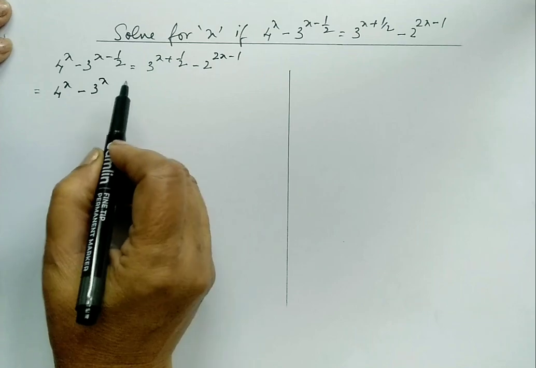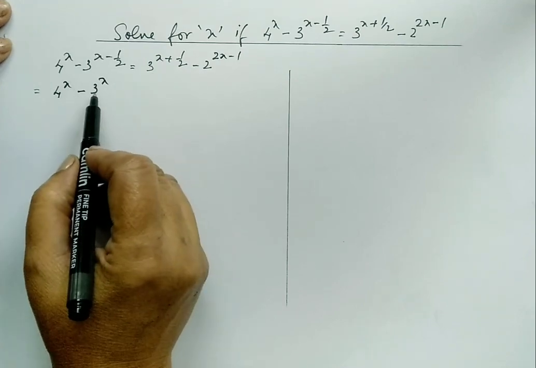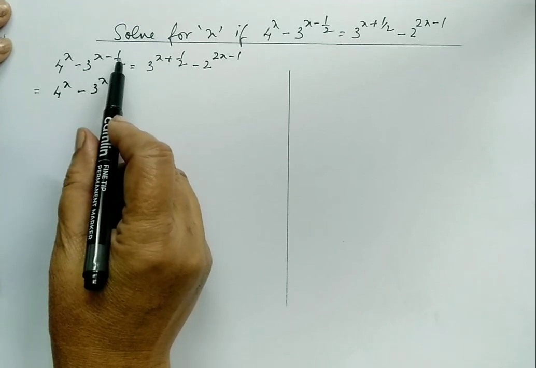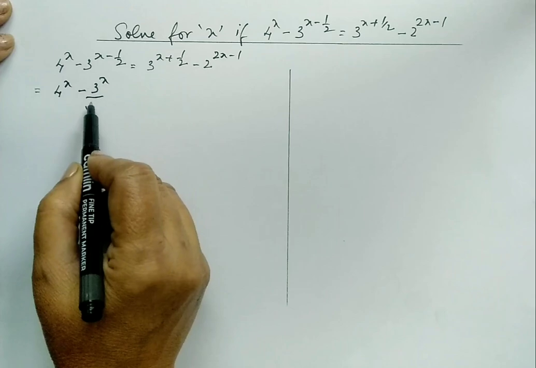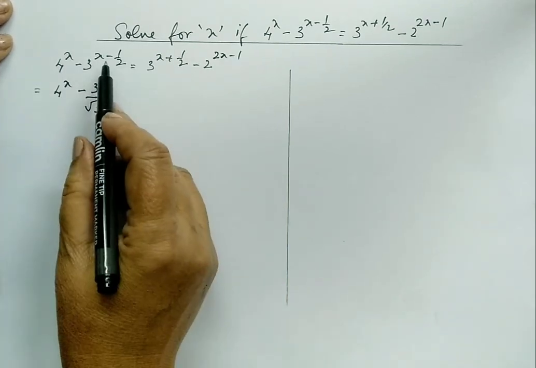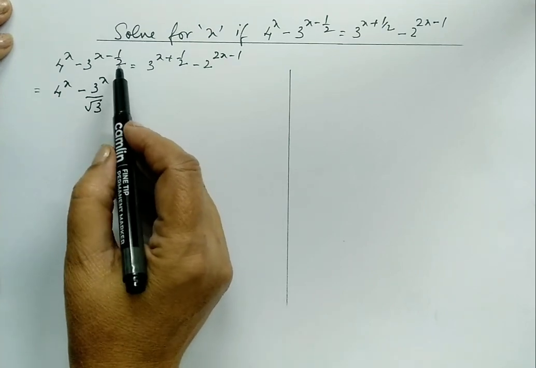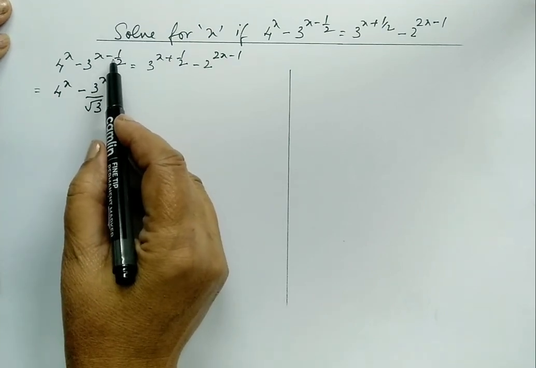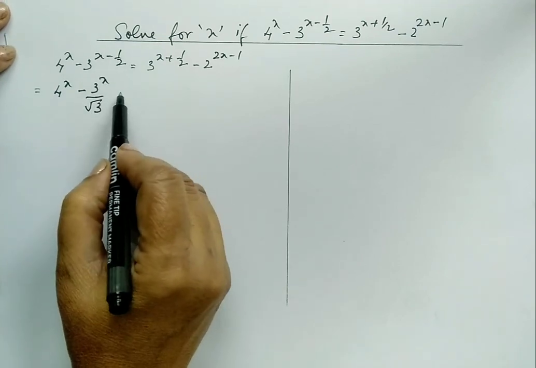So we have 4 having a power of x, 3 having a power of x, since it also has a power of half, which means we have a root 3 below. Why below? Because there is a negative sign here before half. Half means a root. And if there is a minus sign there, it means that it has to be sitting in the denominator.